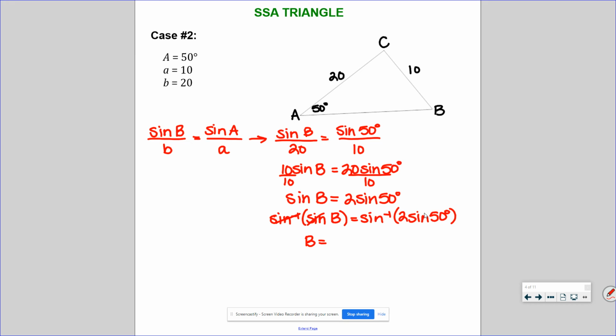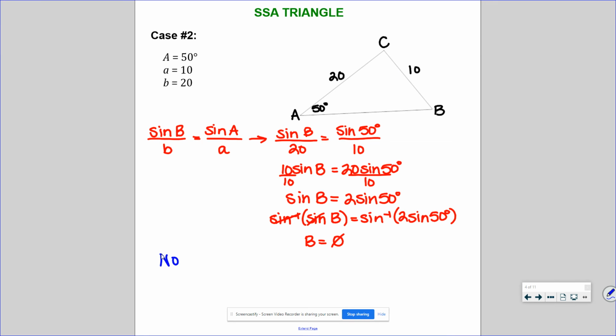What happens is when you type that in the calculator, you get a domain error. Okay, simply that just means that this is not solvable. It's not something that exists in the domain of inverse sine. So there is no way to get an answer, okay? What that means is that this is not a possible triangle.